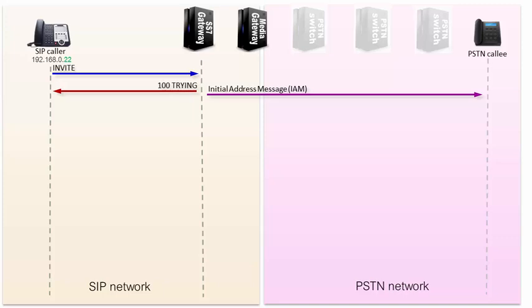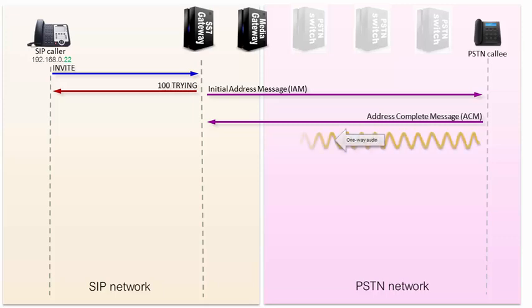Once received, as well as sounding its ringing tone, the phone creates and returns an address complete message, or ACM. At this point, the media path over the specific PSTN trunks is now determined, and this will feel foreign to us SIP folks, a one-way media path is established between the two PSTN endpoints, from callee back to caller.